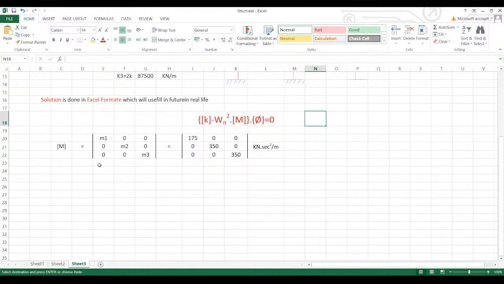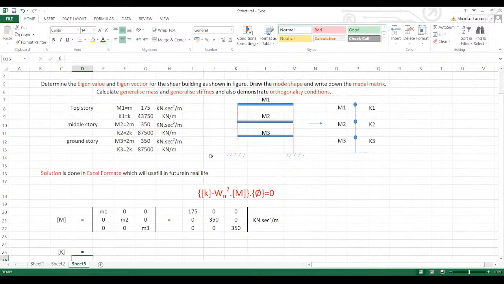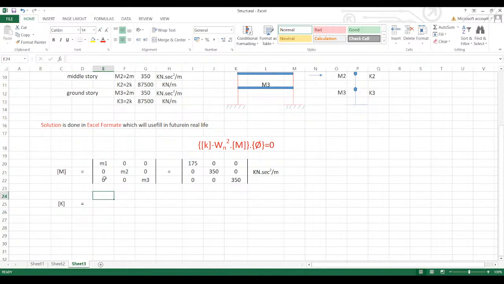And the stiffness matrix, what is the stiffness matrix? The stiffness matrix K is equal to K11, K12, K13, K21, K22, K23, and K31, K32, K33.